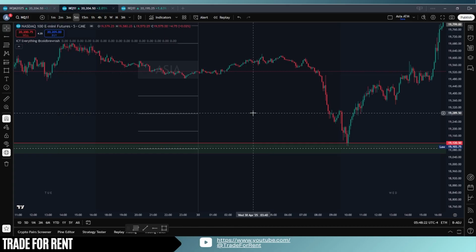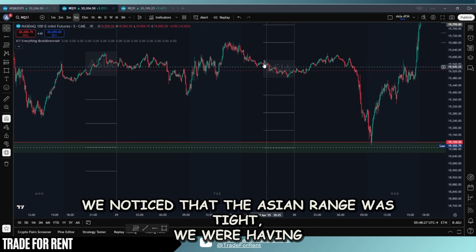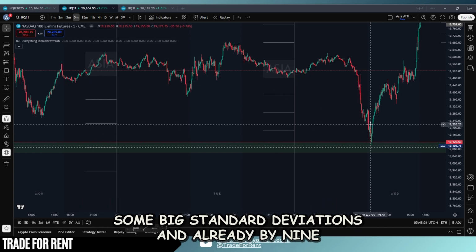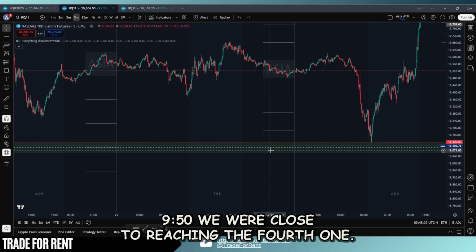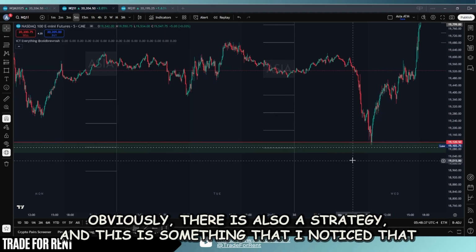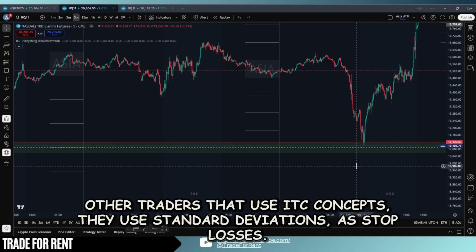Now, on the higher time frame, that was my main goal. We noticed that the Asian range was tight. We were having some big standard deviations, and already by 9:50, 9:40, we were close to reaching the 4th one. Obviously, there is also a strategy, and this is something that I noticed that other traders that use ITC concepts, they use standard deviations as stop losses.